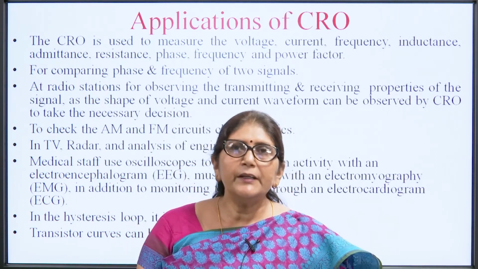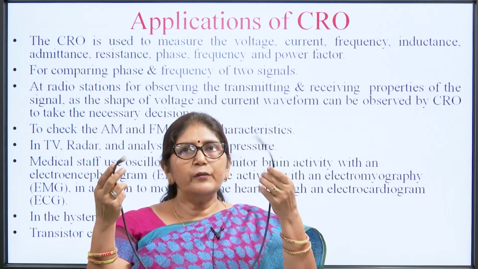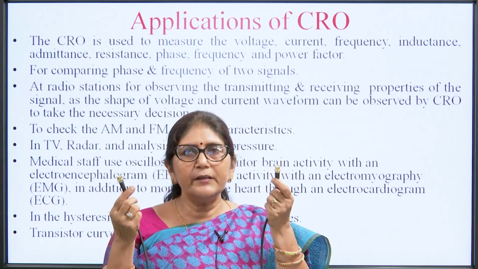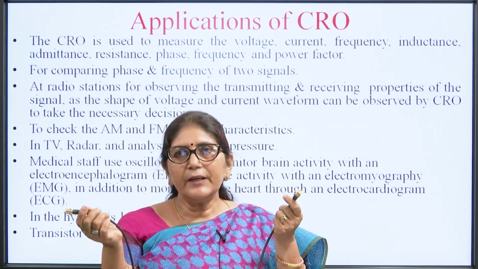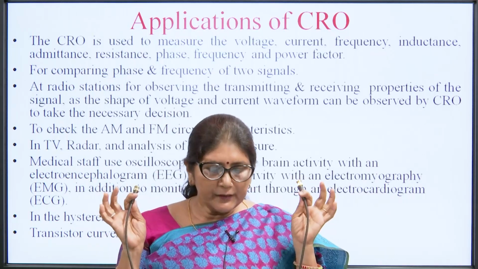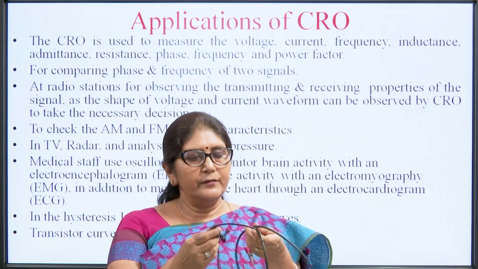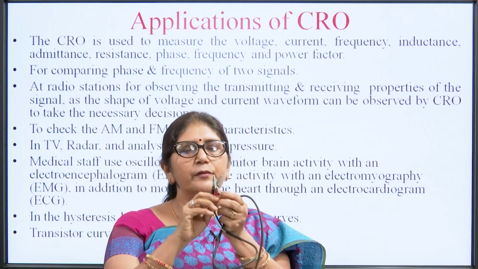Then there are many types of probes, like this one known as the BNC probe. Suppose we want to measure the signal from the function generator, then we can put one end at the function generator and the other end at the CRO, and we can see the waveform. Then there is a second type of probe where both ends are crocodile type clips.